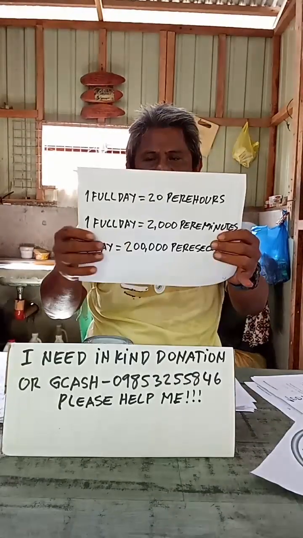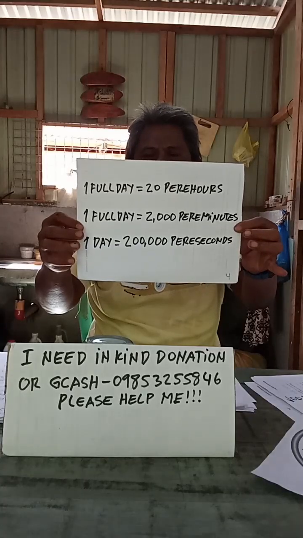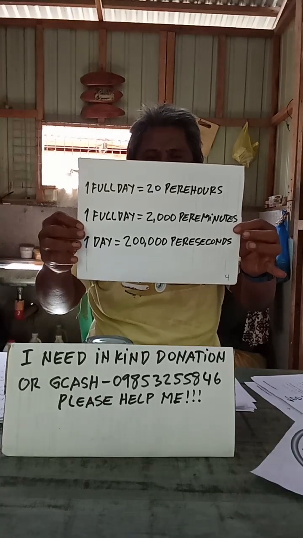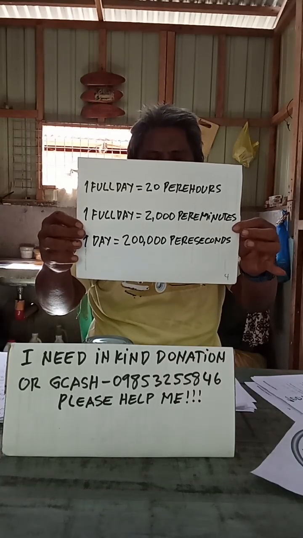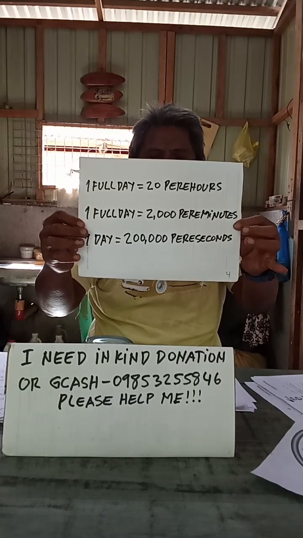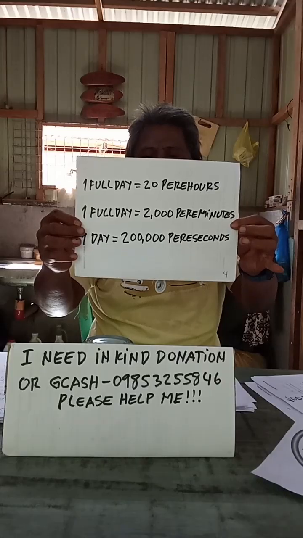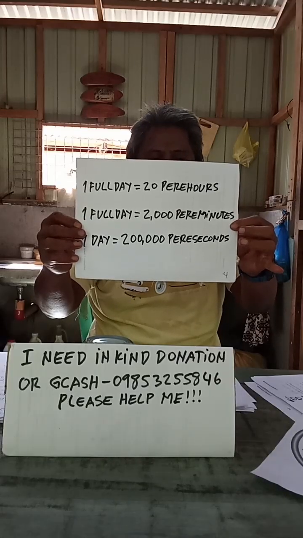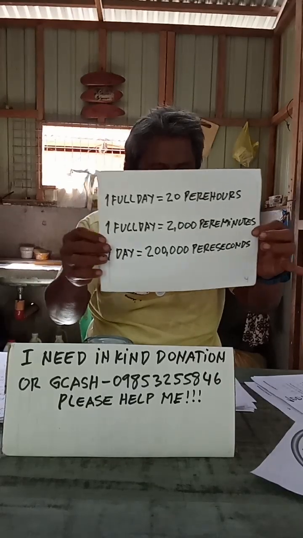And the full day of the Peregrino Sienes Time is 20 per hours. One full day is 2,000 per minutes, and one full day is 200,000 per seconds.